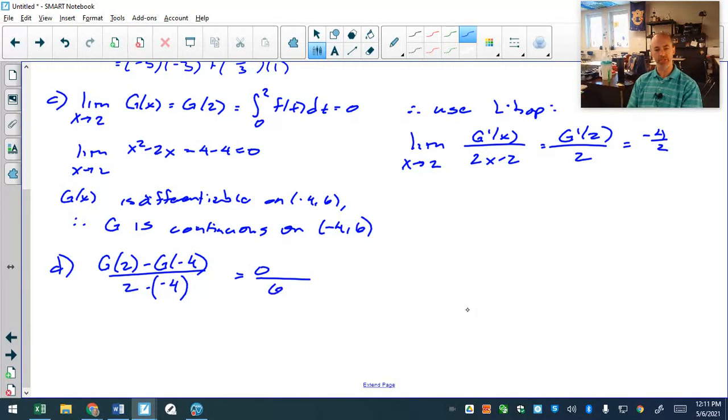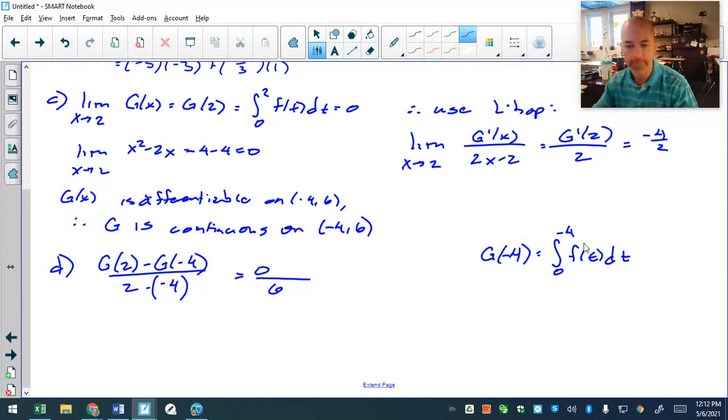I need to find g of negative 4, so I'm going to come over here. G of negative 4 is going to be the integral from 0 to negative 4 of f of t dt. So let's go back up here. From 0 to negative 4, that's going to be a negative area altogether because we're going from right to left in the regions above the x-axis.